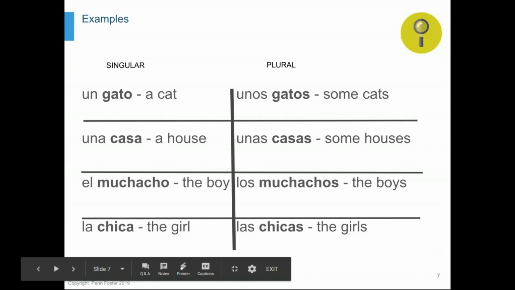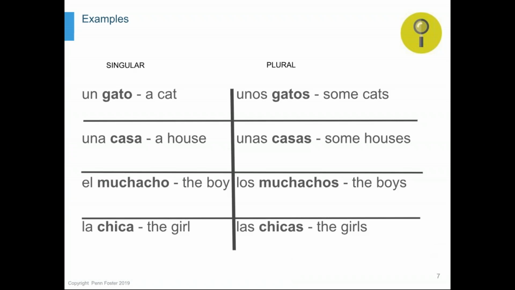Okay, so here we have some examples both with definite and indefinite articles, masculine, feminine, singular, and plural. Notice how in the first example, un means a, as does una. But as you move down the left side of that chart, el and la both mean the. In all of these examples, both singular and plural, the article and the noun are in agreement in number and gender.